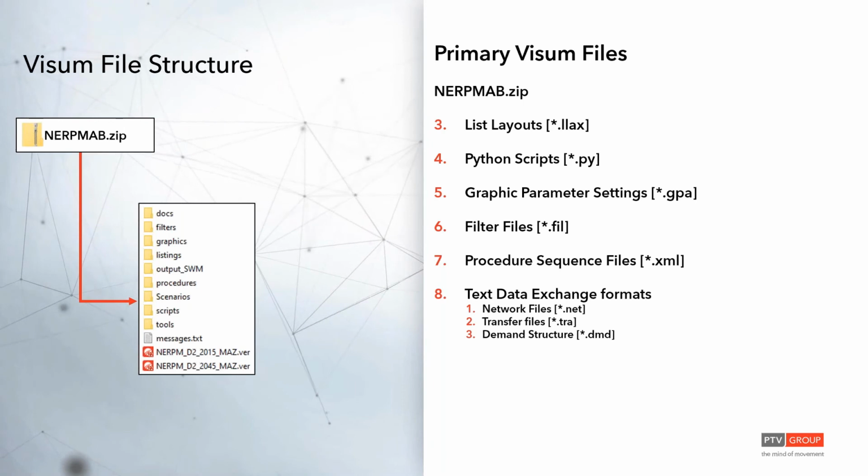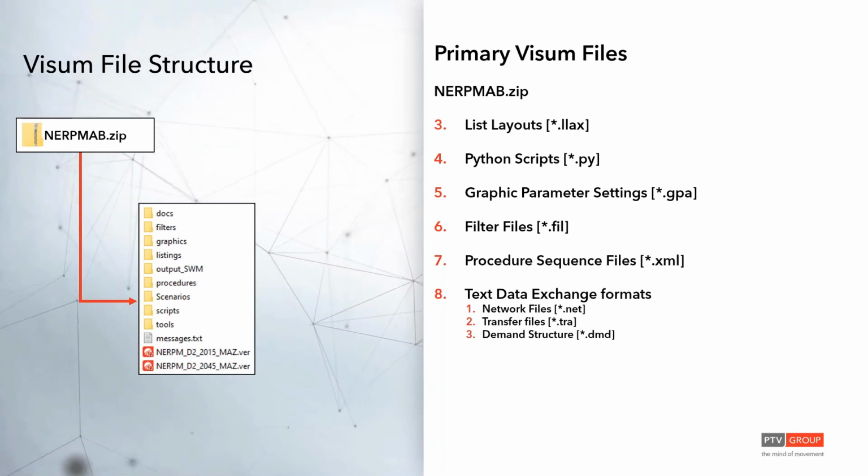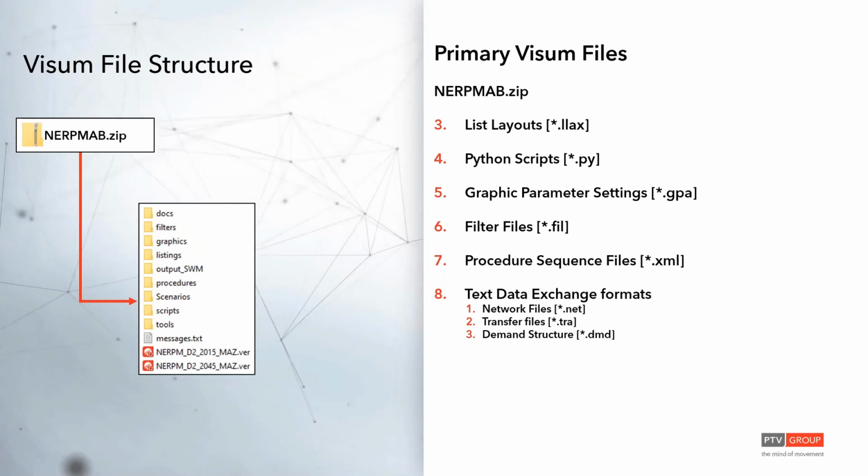And then there are a lot of other types of files as well. You may not necessarily find these file extensions in the NERPMAB setup, but when you're working with a Visum model, it's common to see these types of files, such as .net network files, a transfer file .tra, or a demand structure file .dmd.